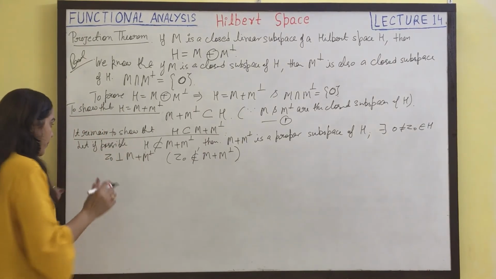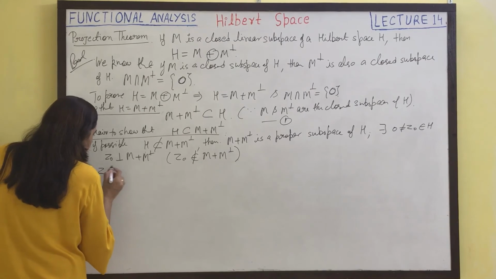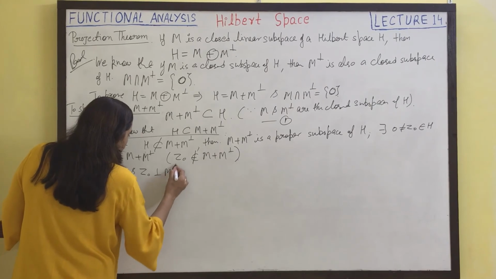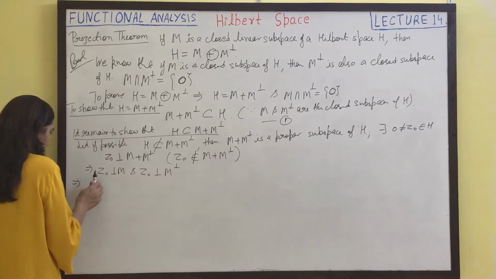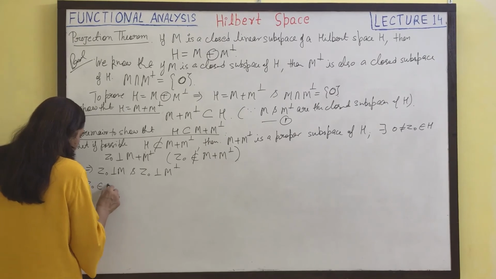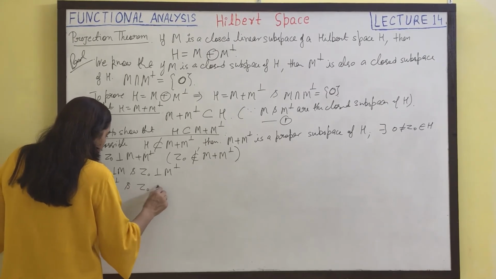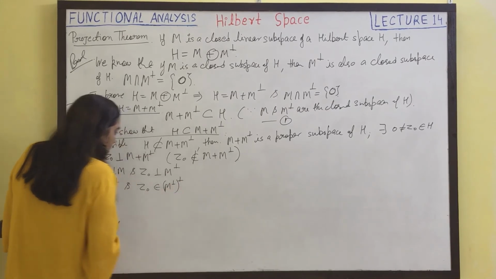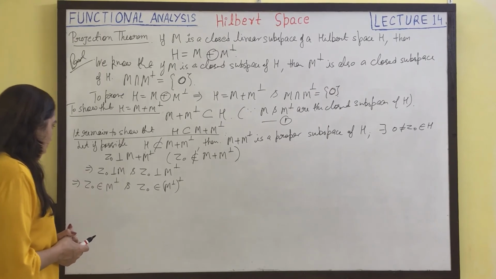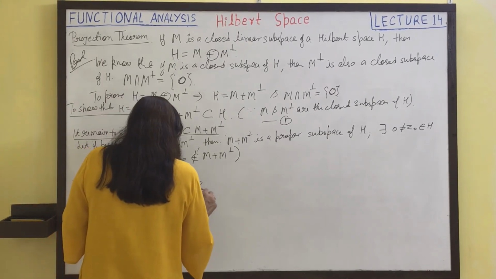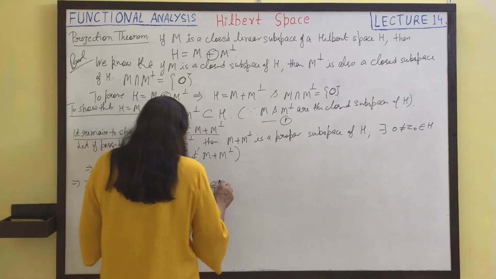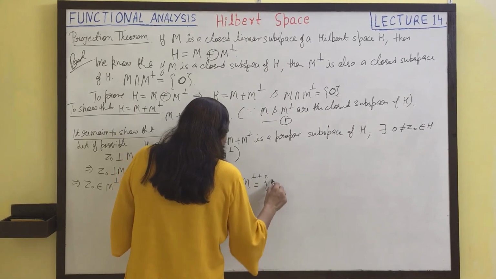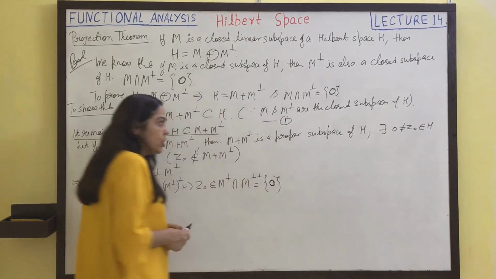Okay, so now this implies Z0 is perpendicular to M and Z0 is perpendicular to M perp, or we can write Z0 belongs to M perp and Z0 belongs to M, or this can be written as Z0 belongs to their intersection, and it is the set containing the 0 vector only.